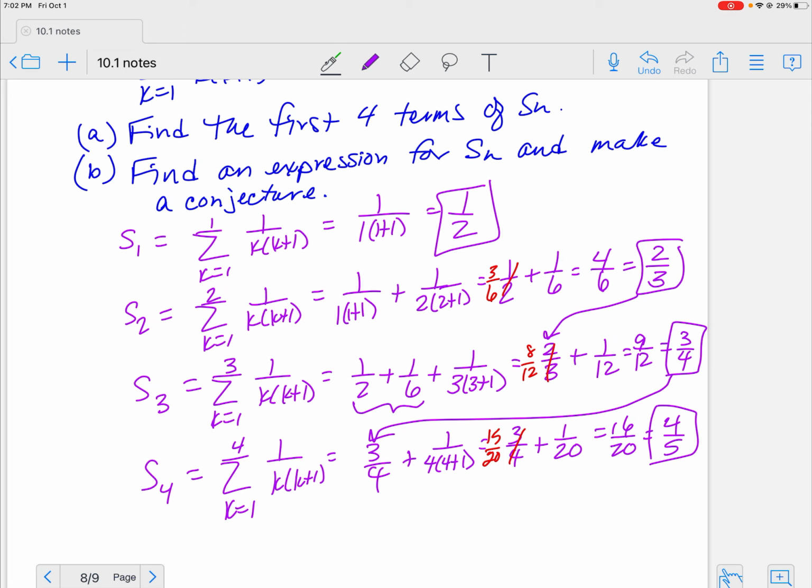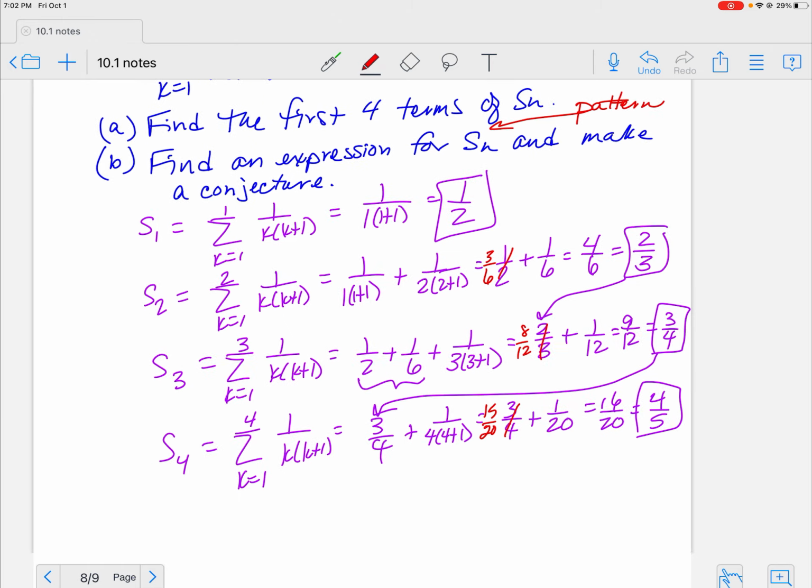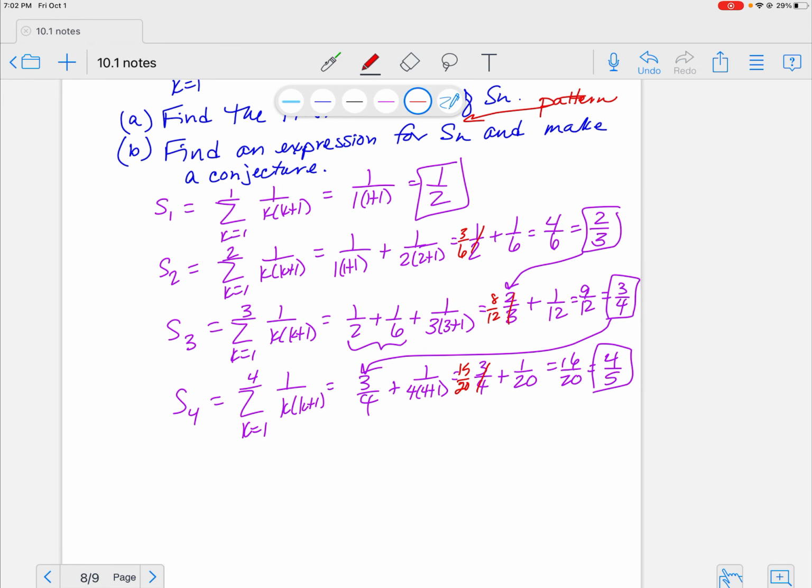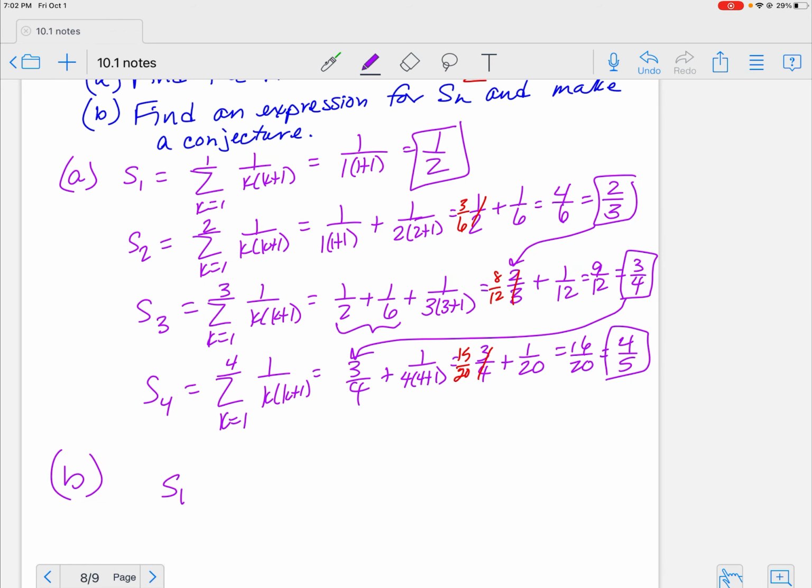Now, here's where you'd look at. Remember how I told you that this S sub n just stands for a pattern? Look at those 4 numbers. 1/2, 2/3, 3/4, 4/5. What's a pattern you see? Yeah? And it's just the numbers. So just look at those numbers and come up with a pattern.